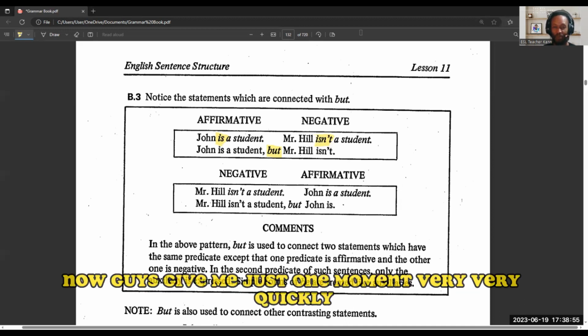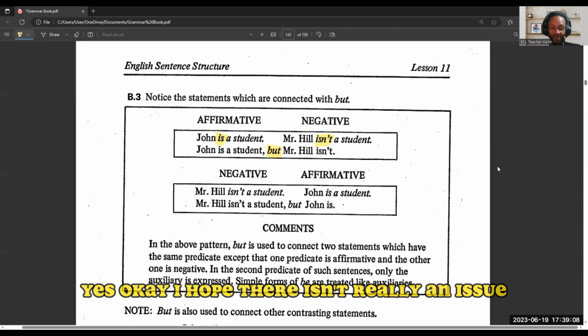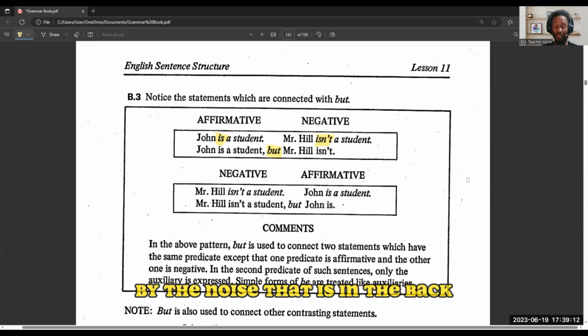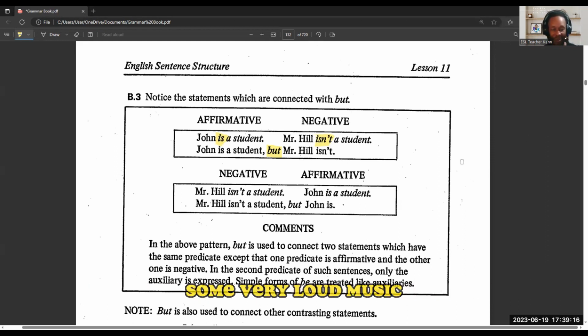Now, guys, give me just one moment, very quickly. Let's see. Yes. Okay. I hope there isn't really an issue by the noise that is in the back. My neighbor has decided to start playing some very loud music. I'll be back in less than 10 seconds.